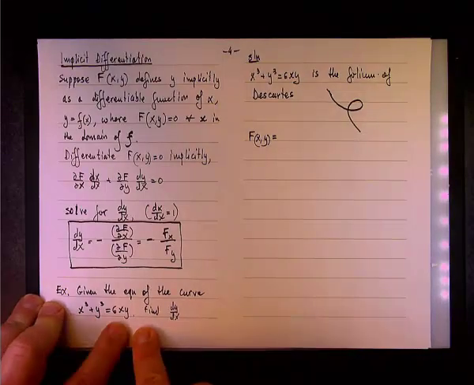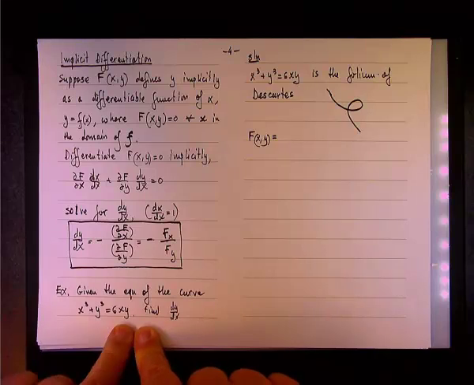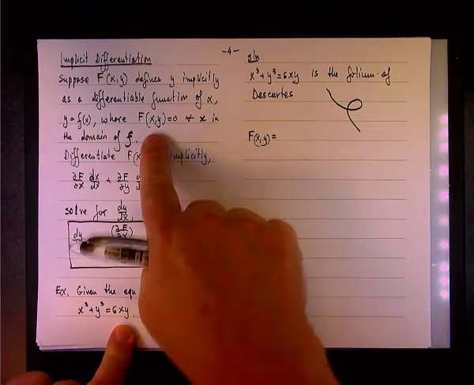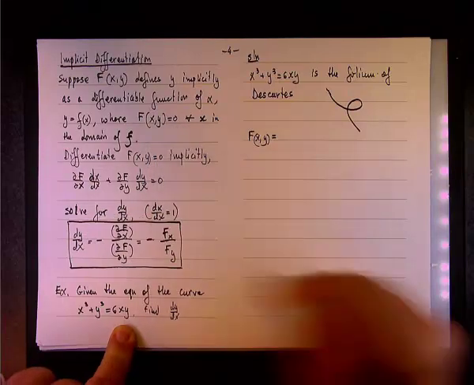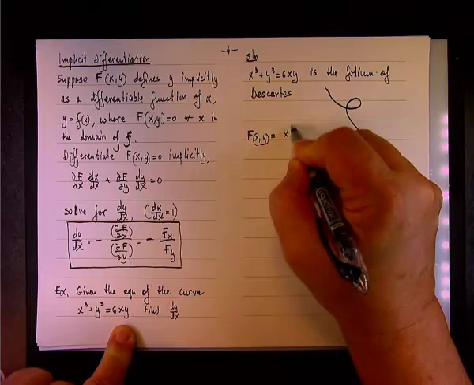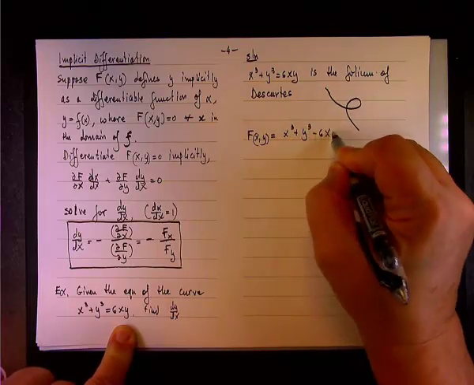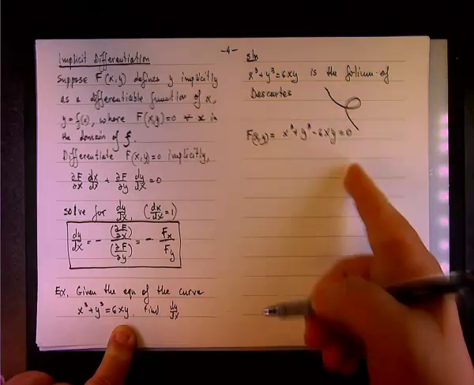And so what we'll do now is slightly different than what we did in Calculus 1. In Calculus 1, we went ahead and differentiated left side and right side, but now we defined F in the standard form.